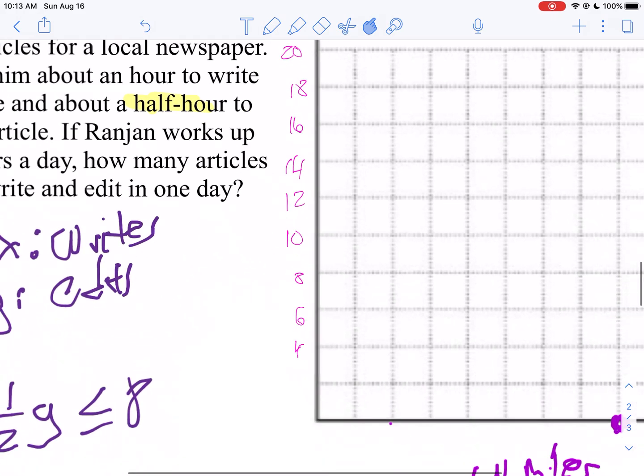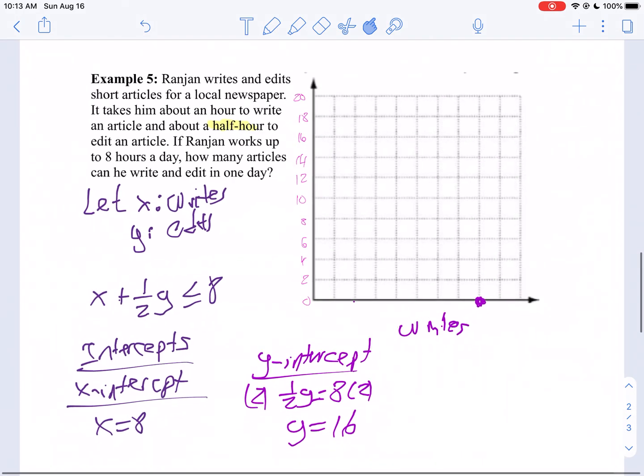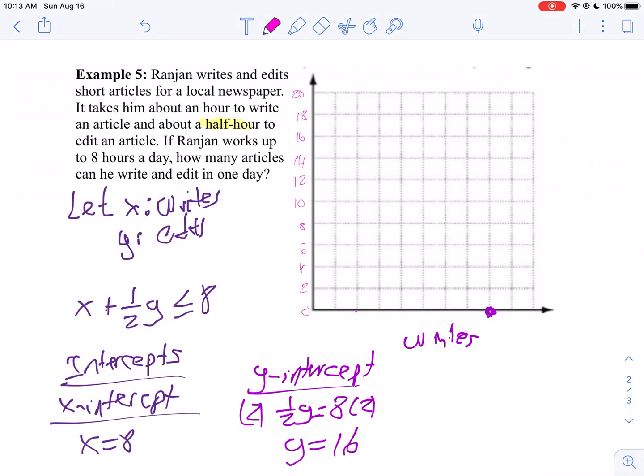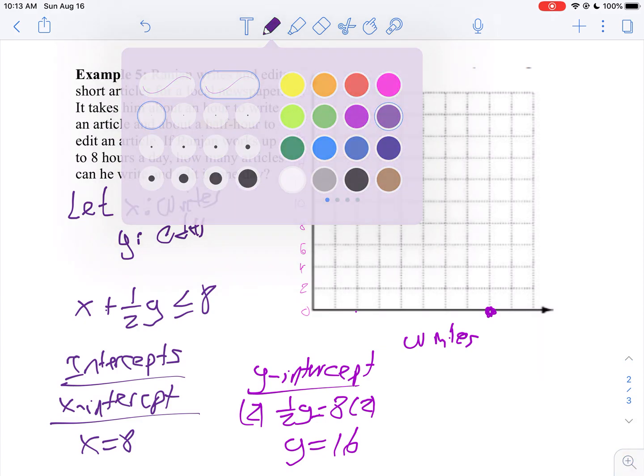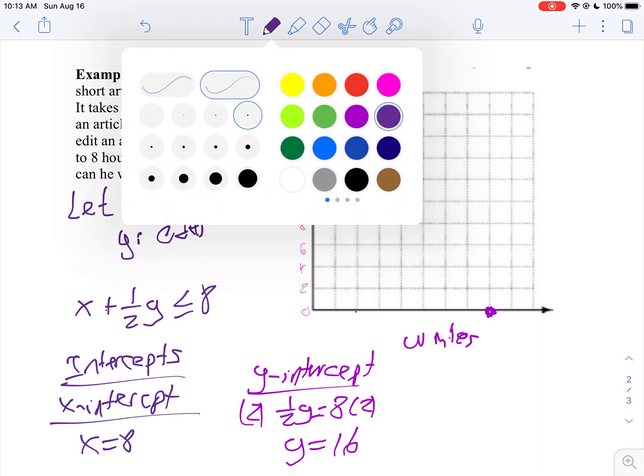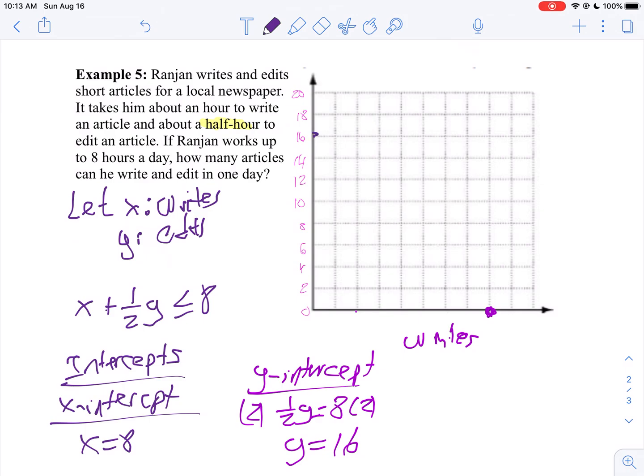And we know our y-intercept is 16. So I'm going to go up 16 on my y-axis. And since it's less than or equal to, I'm going to draw a solid line.